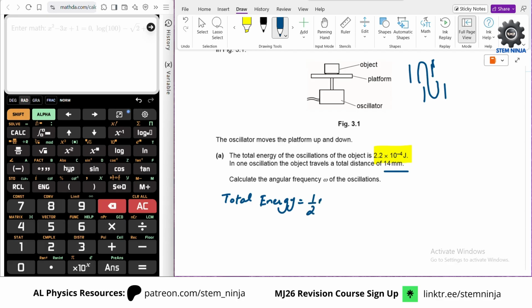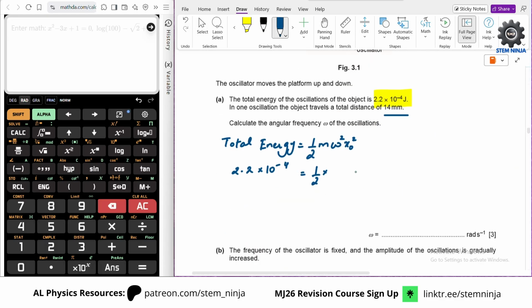The formula is half m v squared, where v maximum speed gives maximum kinetic energy, which is half m omega squared x naught squared. The total energy is given as 2.2 × 10^-4. This is 1/2, mass of the object is given 24 grams, so 24 × 10^-3, omega we need to figure out, and x naught is a quarter of this, times 10^-3, whole squared.